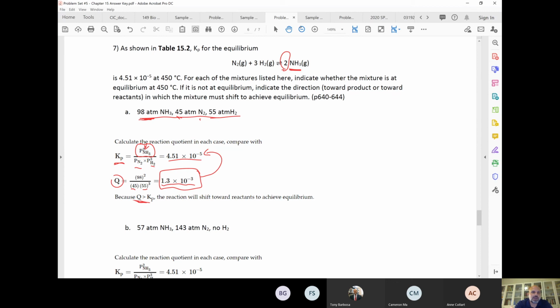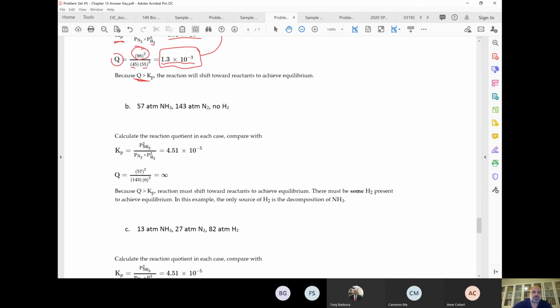That means the number on the top, our product, is larger. So to head towards equilibrium, that number has to get smaller. In order for that to get smaller, we're going to shift towards the left, towards the reactants.